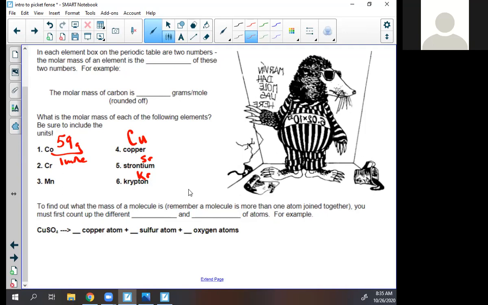I know. The hardest part's finding them, right? Which one are you looking for, Sydney? Sr is right here. Sr's on the left. And then Kr will be on the far right when you get to that one. Should have made a left-handed periodic table, huh? Just kidding. Okay. Raise your hands if you need more time. It's fine. They're hard to find.